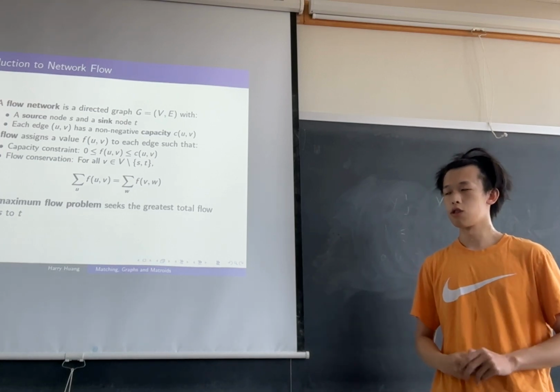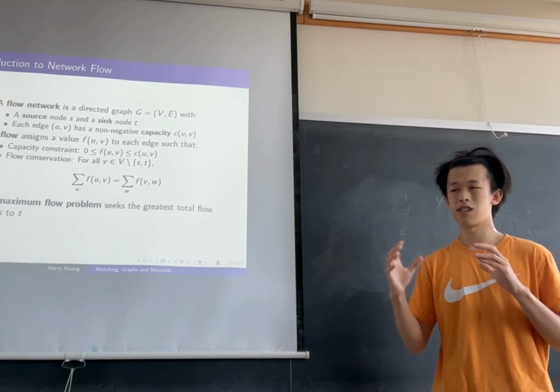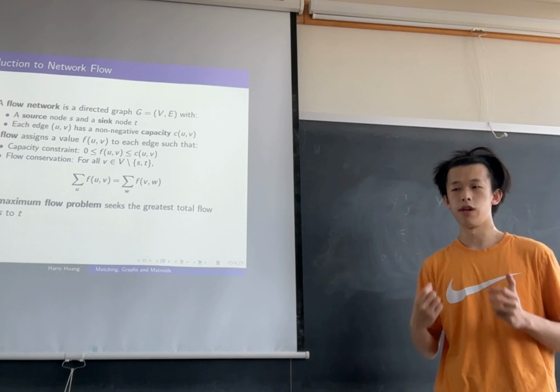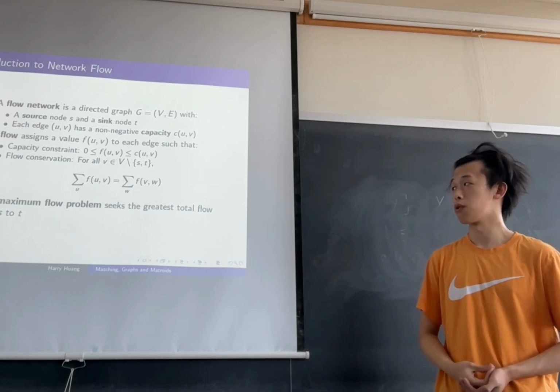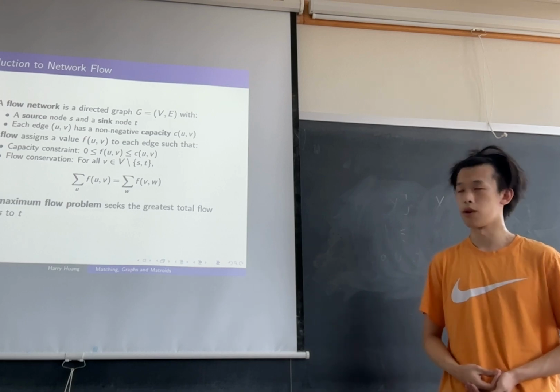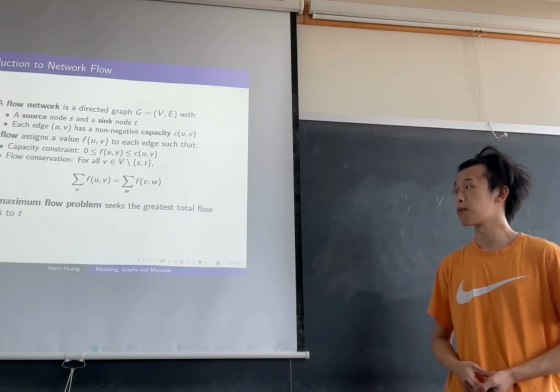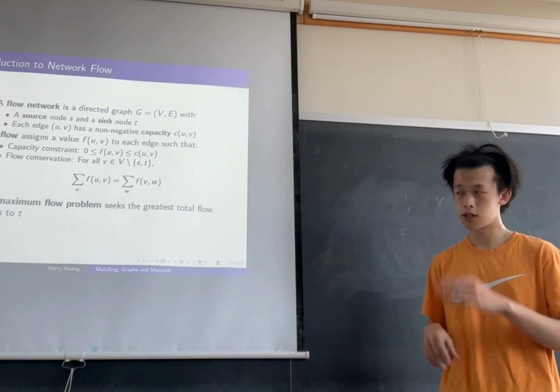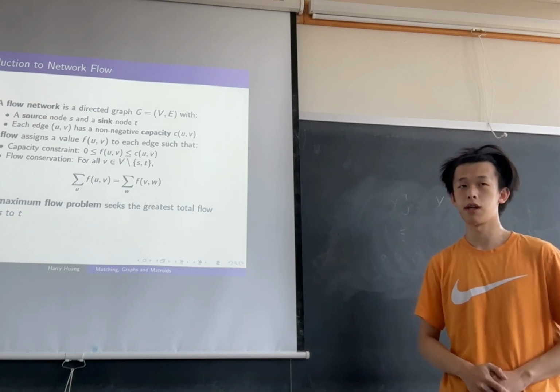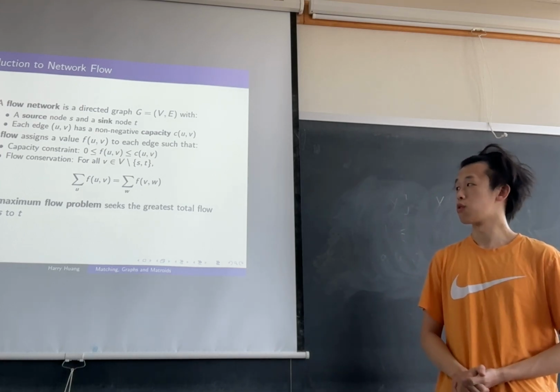Every pipe has its own size and length, so it has a capacity. Similarly, in a flow network, every edge has its own capacity, so you can imagine it as a pipe network, which is very intuitive.